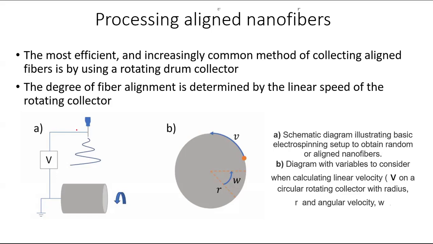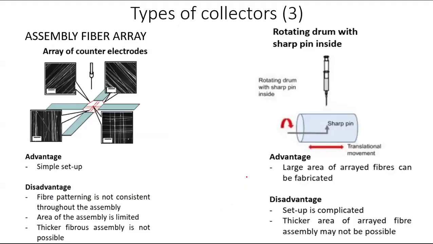This is the schematic diagram of the basic electrospinning setup for random orientation or aligned nanofiber collection. And V basically shows how the surface velocity V in the circular rotating collector with a radius R will vary.